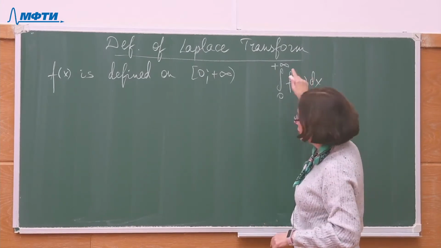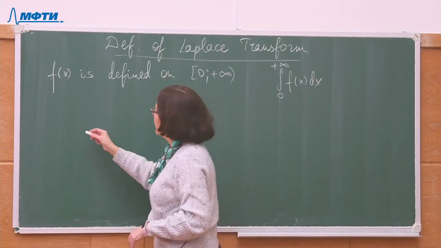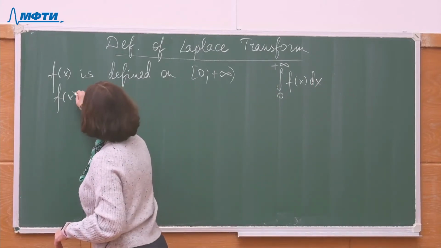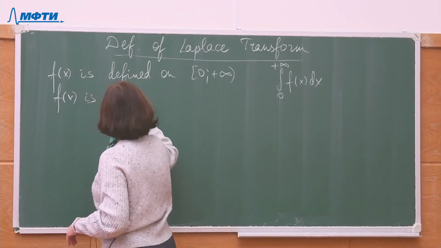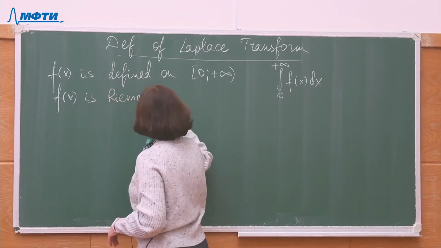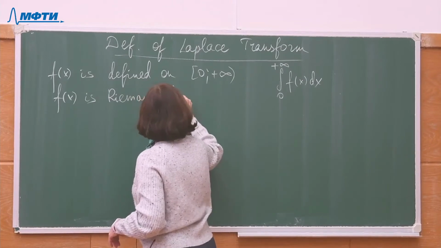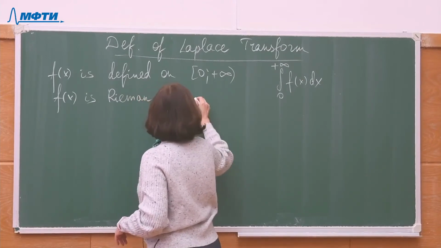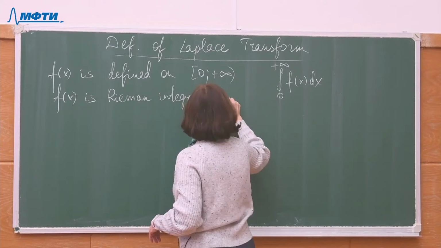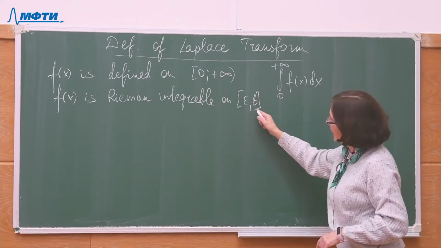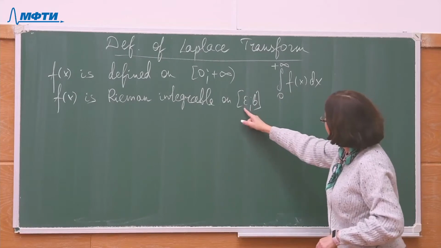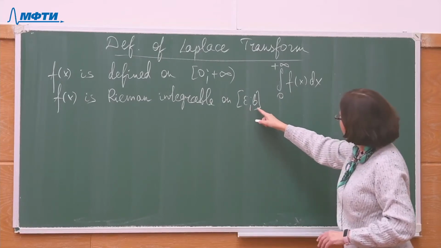So to introduce this integral, we will need the requirement that f of x is Riemann integrable on [epsilon, b]. So there are two singularities, near 0 and at infinity.